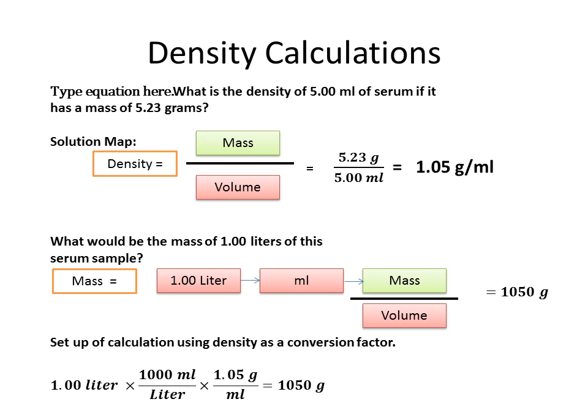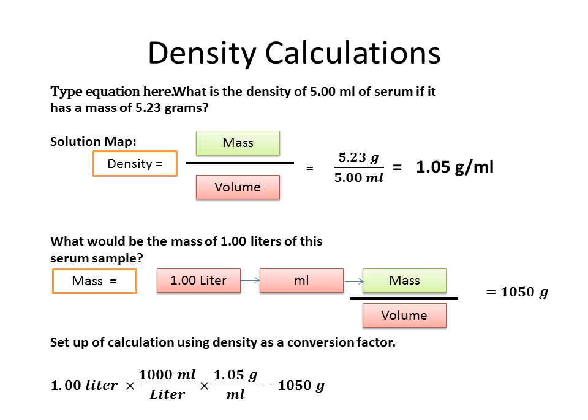What if you're given a volume of a material and want to know what its mass is? Well, you have to find the density, either in a table or from above. This is our example: we use 1 liter of serum, and we want to know its mass. So we'll take the 1 liter and convert it to milliliters, and then we'll use the density above as a conversion factor.